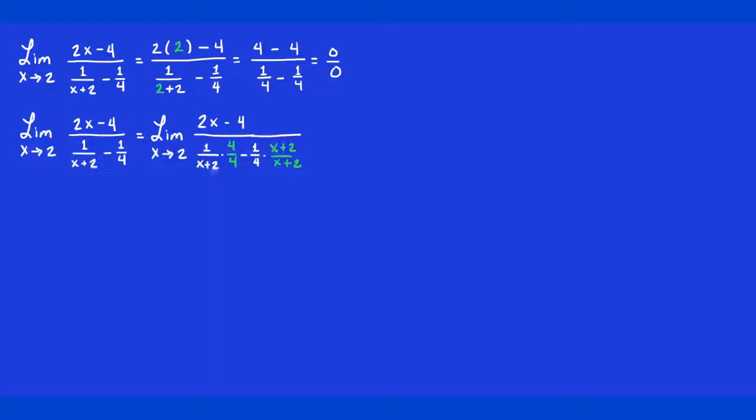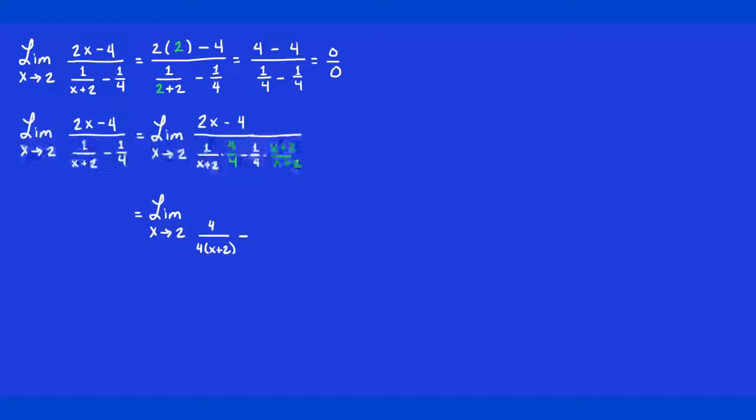From here we keep on with the algebra that we have to do in the denominator. The first fraction now looks like 4 over 4 times x plus 2.